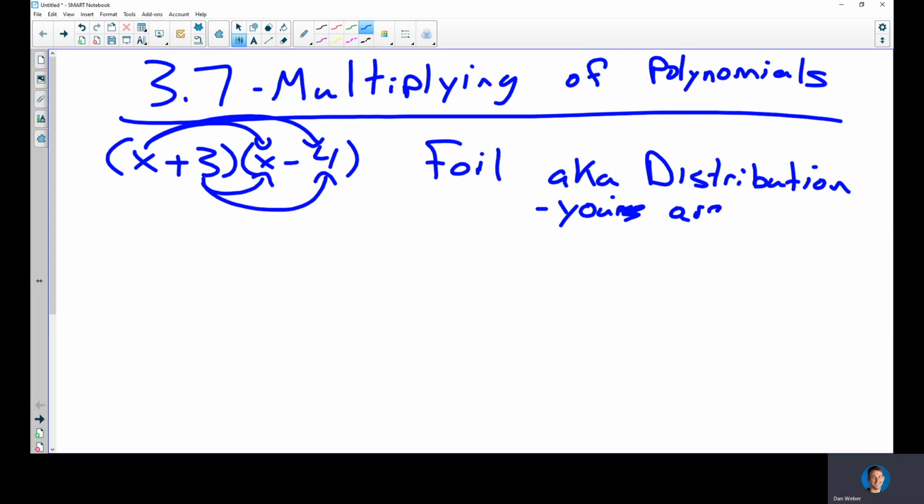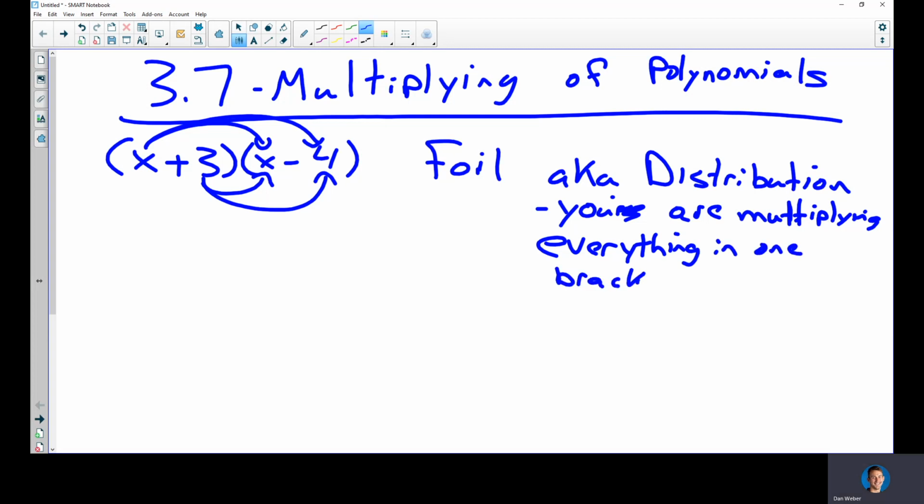You are multiplying everything in one bracket to the other.